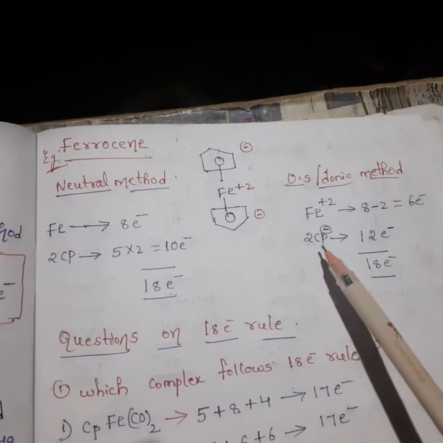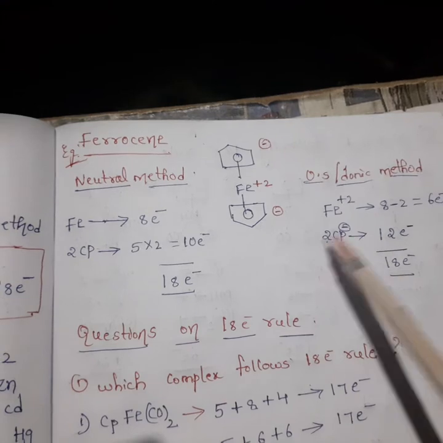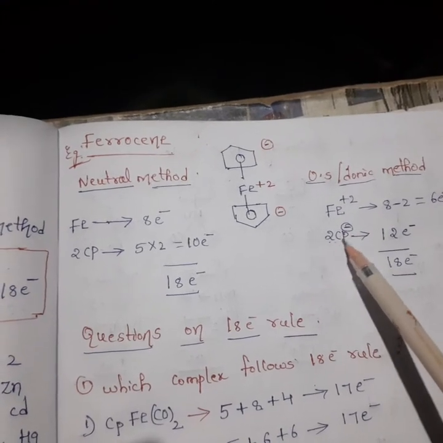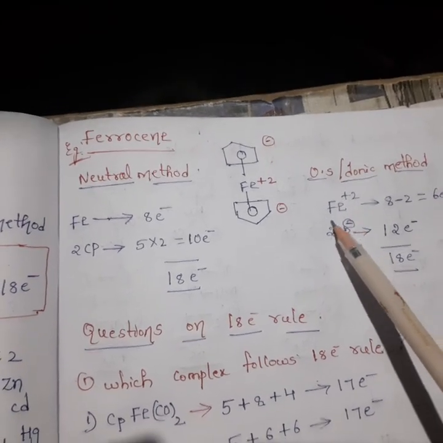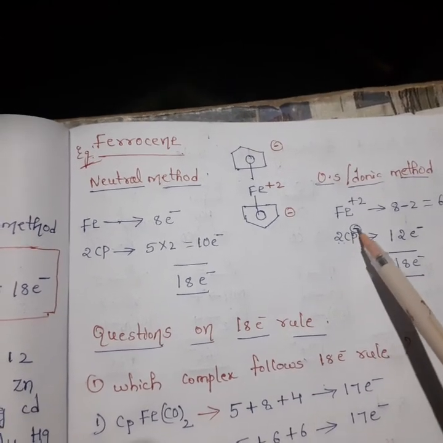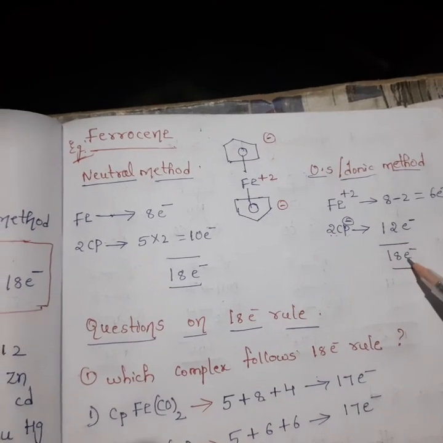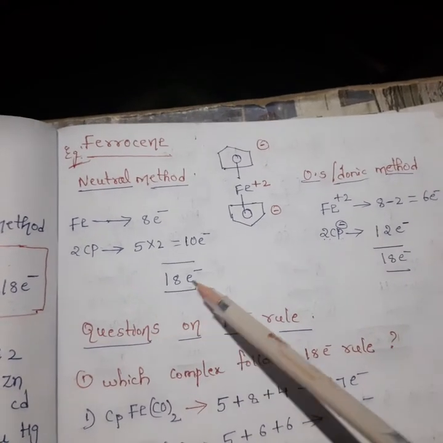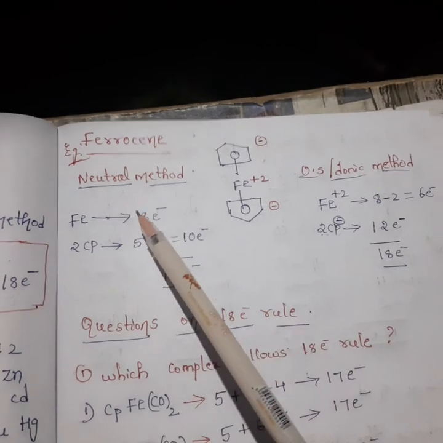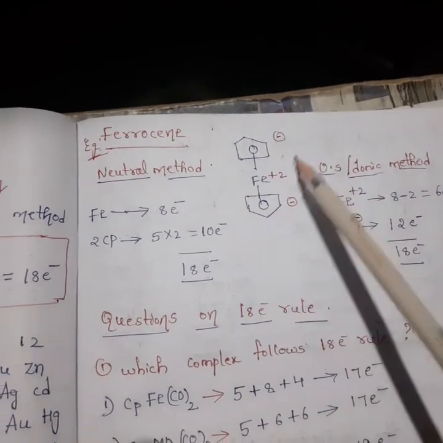For 1 Cp I told 5 electrons. Here they have given 2 Cp, that means 10 electrons. For 1 Cp they have mentioned 1 minus charge. Here we have 2 Cp, so we will have -2 charge. So 10 plus 2, 12 electrons. Totally here we will get 18 electrons. So the electron count in both the neutral method and oxidation method are the same. So this is also stable.